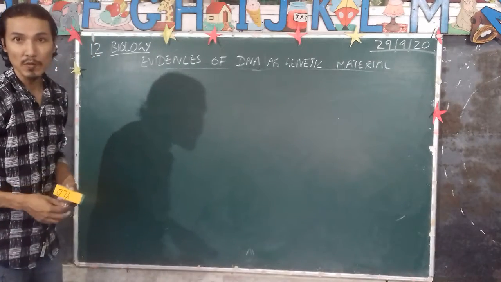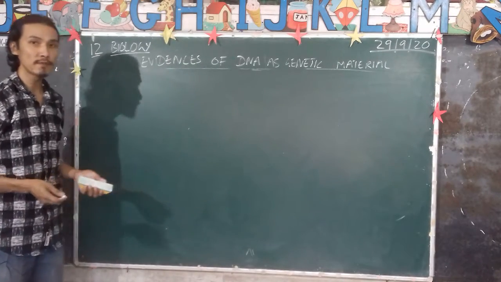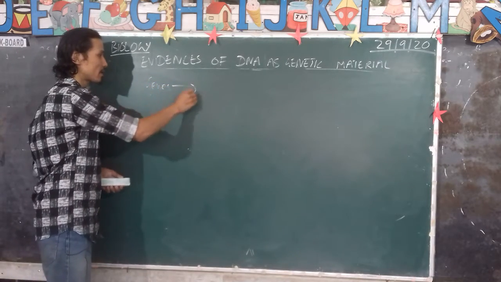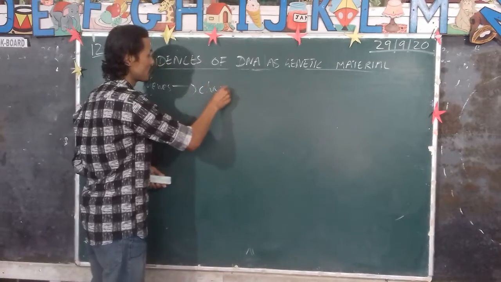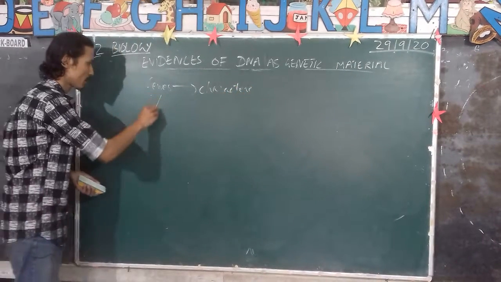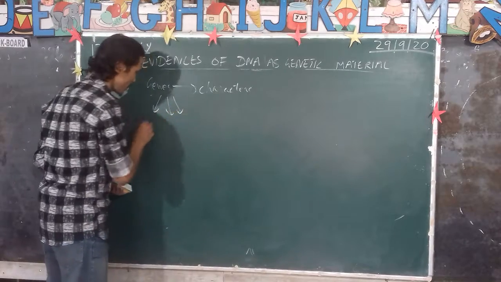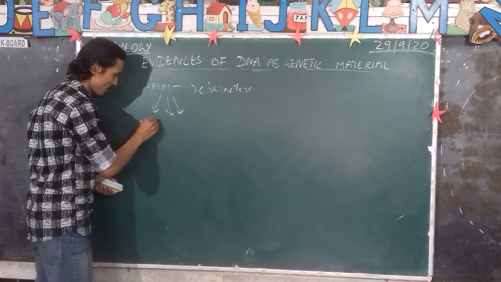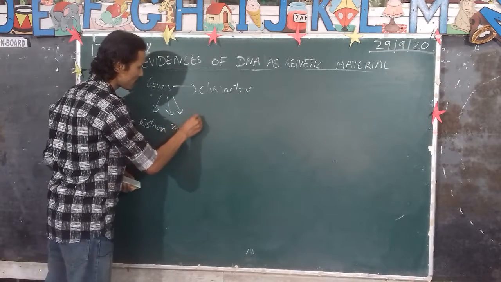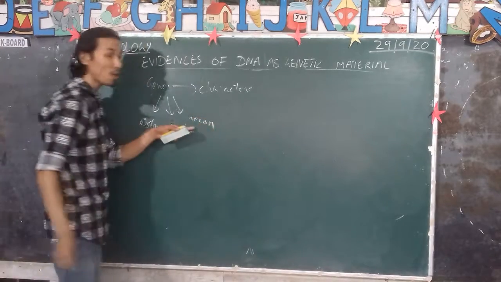So from the previous chapters, we all learned that certain factors called genes are responsible for characters. So basically, when we talk about genes, it can either be a cistron, muton, or recon. These are all units of genes.